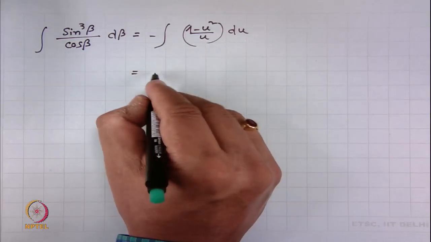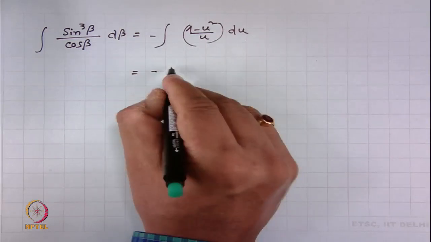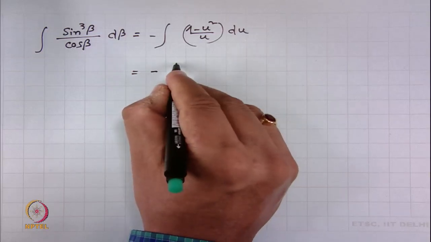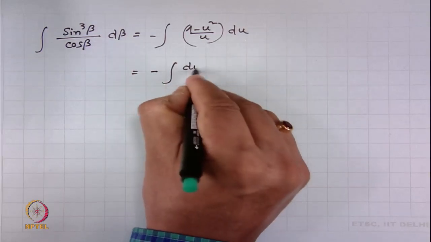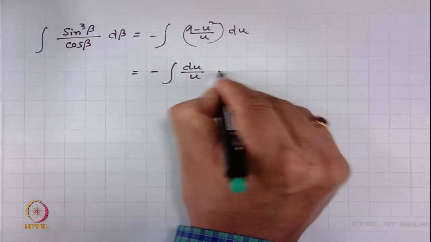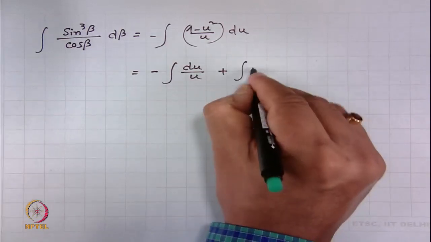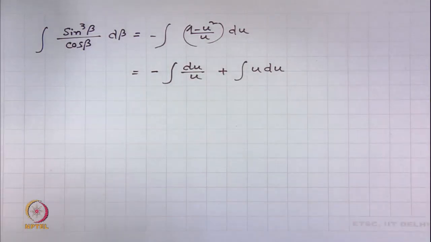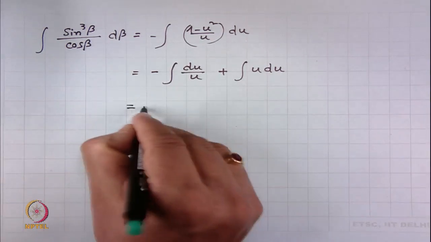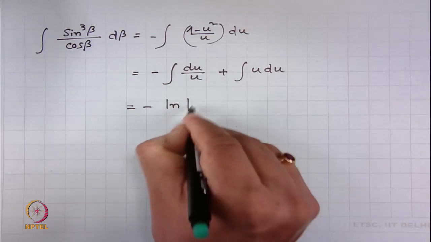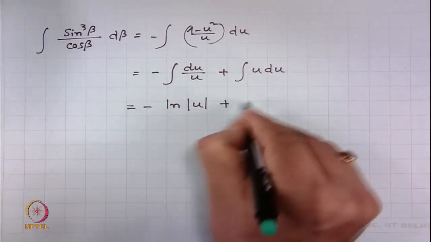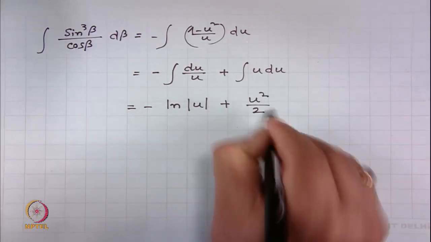So, minus du by u plus u du, minus du by u gives ln u plus u square by 2. What was u?